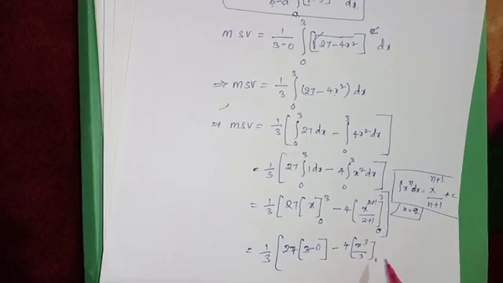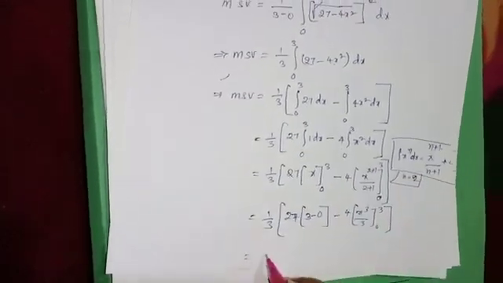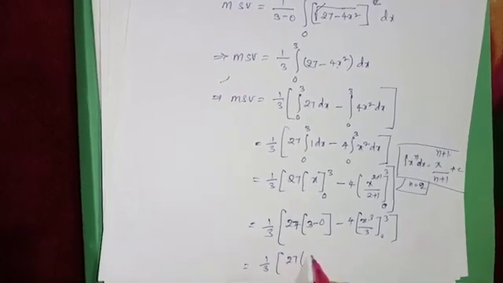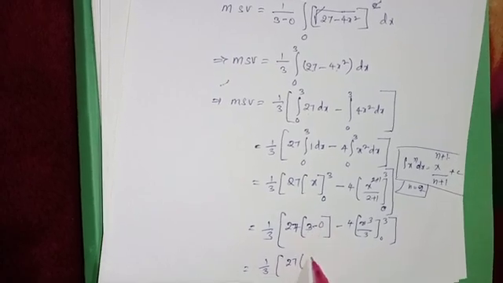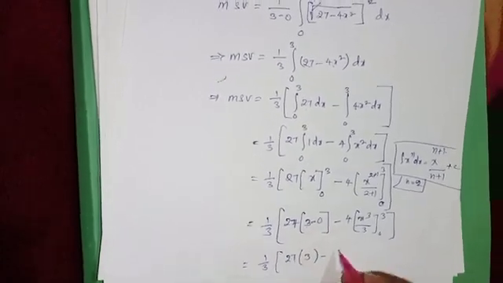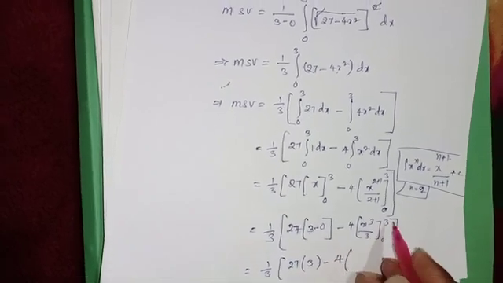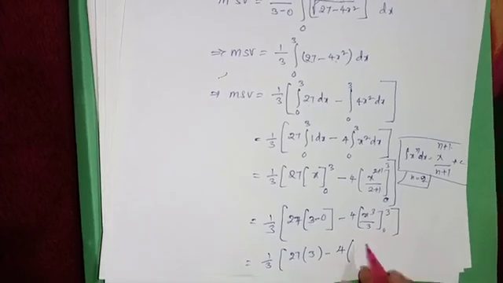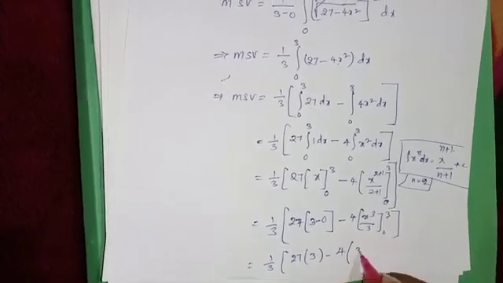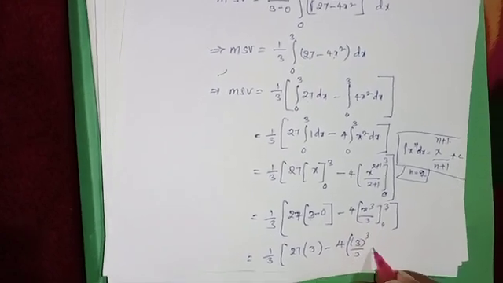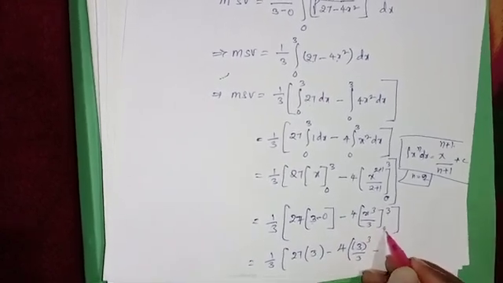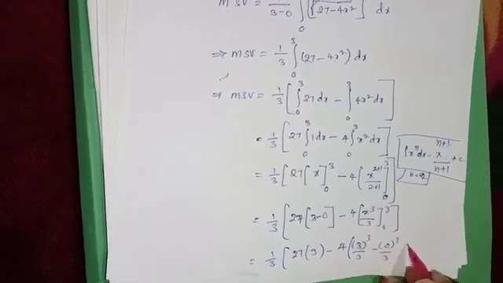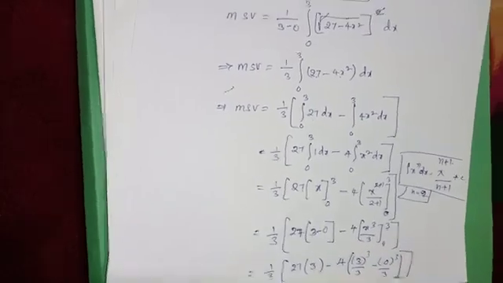The limits are 0 to 3. That is equal to 1 by 3 whole into 27 into 3 minus 0 is 3, minus 4 into, now in x place substitute the upper value minus the lower value. So first the upper value is 3, so 3 cube by 3 minus the lower limit is 0, substitute here 0 cube by 3.